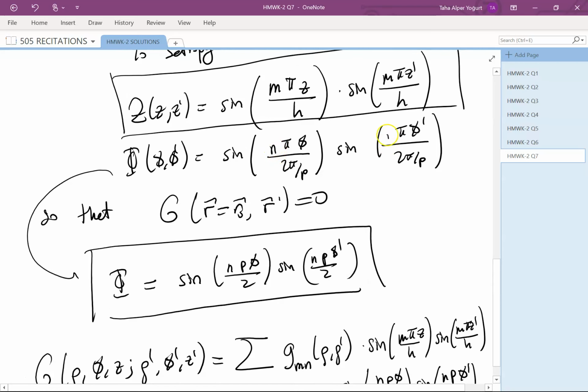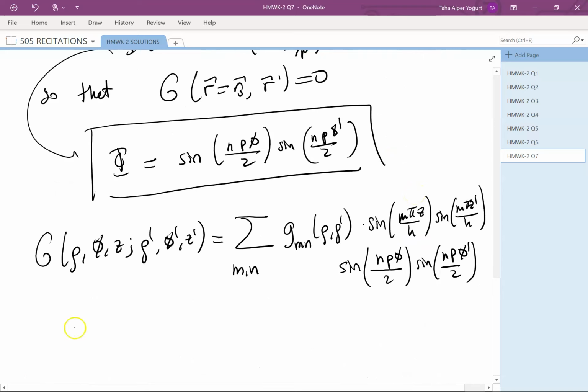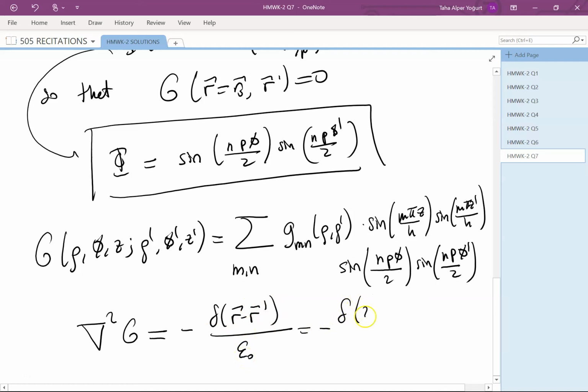We also need to satisfy this boundary condition. This differential equation is equal to minus delta of r minus r prime divided by E0. And in this case, it is now equal to minus delta z minus z prime, delta rho minus rho prime, delta phi minus phi prime divided by rho E0.